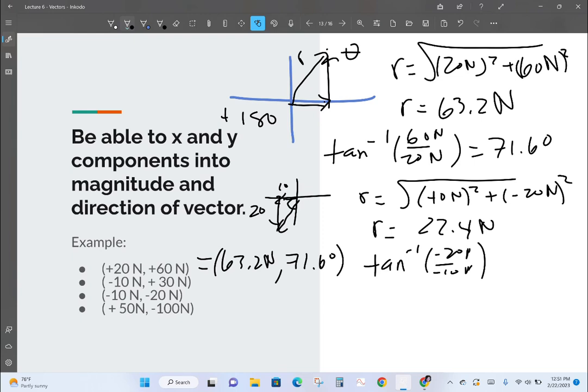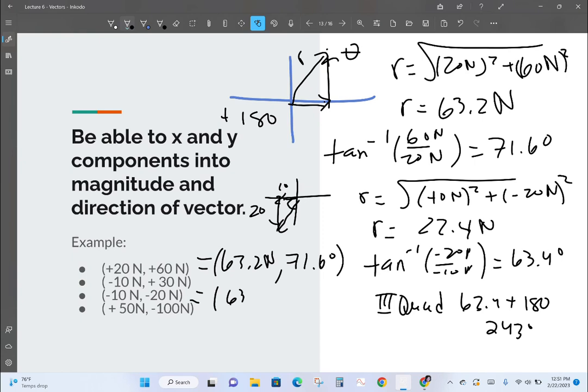And if I do that, the inverse tan of 2 is 63.4 degrees, but it's in the third quadrant. So I'm just going to take that and add it to 180. And when I do that, I get 243 degrees. So this one is 22.4 newtons at an angle of 243 degrees.